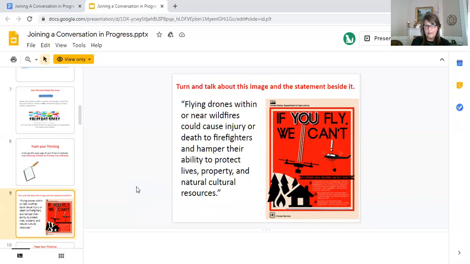And the title is, "If you fly, we can't." Flying drones within or near wildfires could cause injury or death to firefighters and hamper their ability to protect lives, property, and natural cultural resources. So do a quick turn and talk. You can stop the video now to do that.